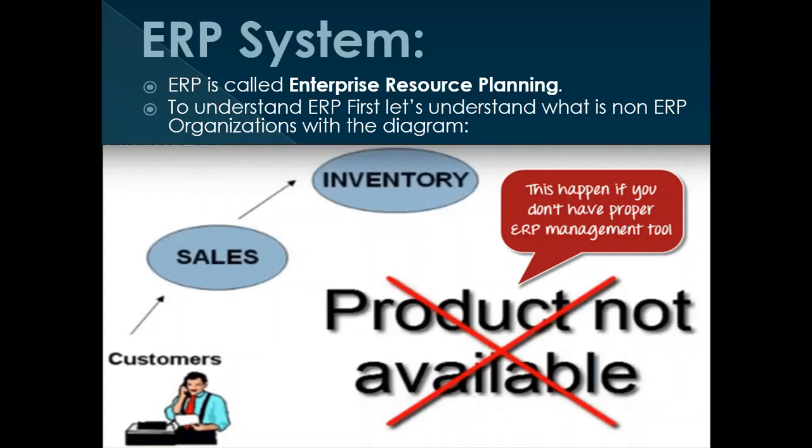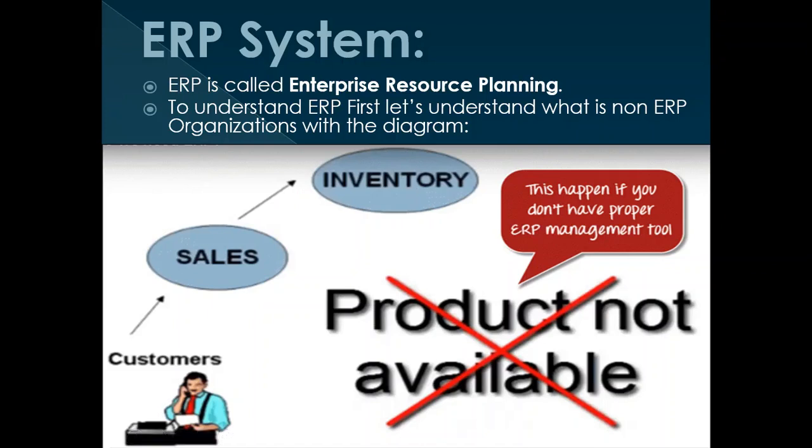To understand ERP, first let's understand non-ERP organizations with the diagram below. Let's suppose there is a customer. The customer has given an order to the sales department for 100 cars.